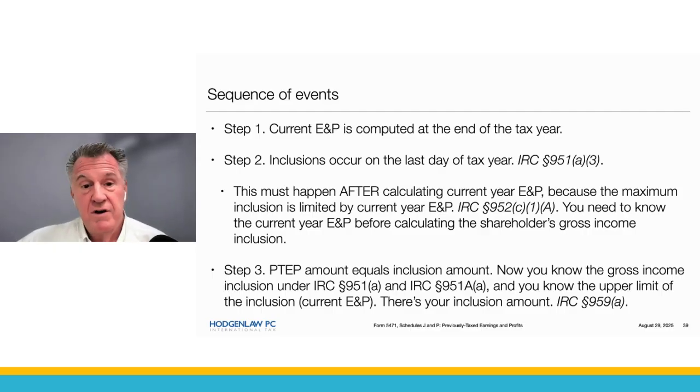So you have to know earnings and profits before you compute inclusions. And then step 3 is whatever your inclusion is, that is your PTEP amount. And now your only job is to put it over in the right column to show what type of inclusion it was and what PTEP group it goes into.